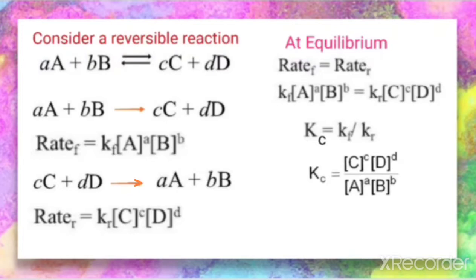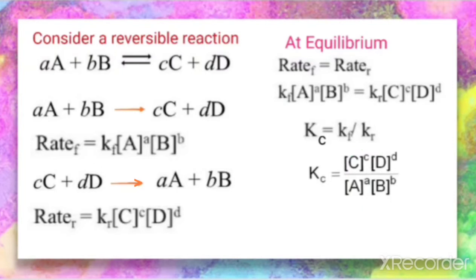We'll be getting Kc is equal to the concentration of C to the power c, concentration of D to the power d, divided by the concentration of A to the power a, concentration of B to the power b.